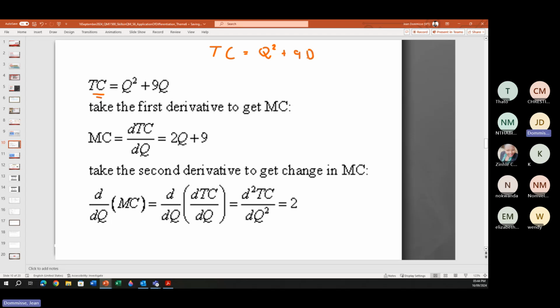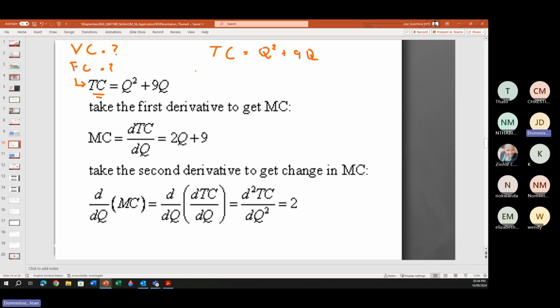They can also, in examples, tell you that you've got a variable cost of a number and a fixed cost of a number, and then first you need to work out what the total cost is.